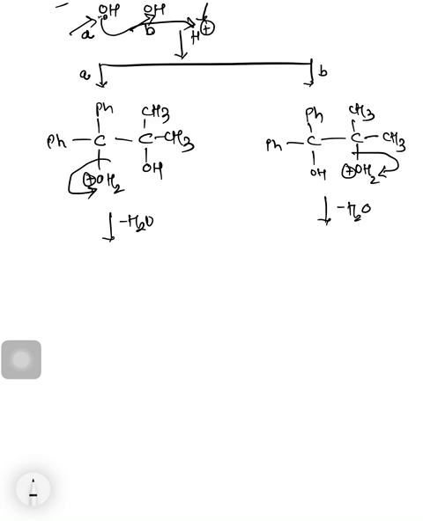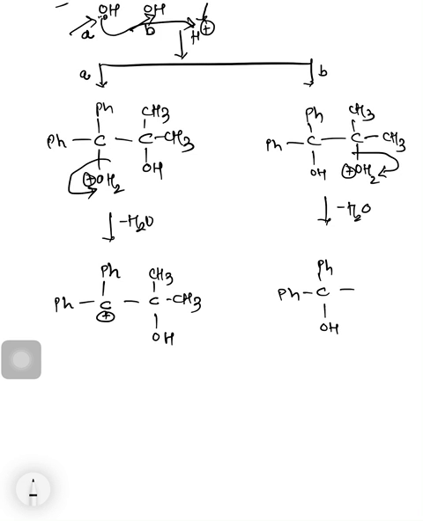After the removal of H2O, the carbon atom will be electron deficient. Now this carbon atom has a Ph ring. The positively charged carbocation has a Ph ring adjacent to it, CH3OH. While on route B, the positively charged carbon atom will have CH3 adjacent to it.